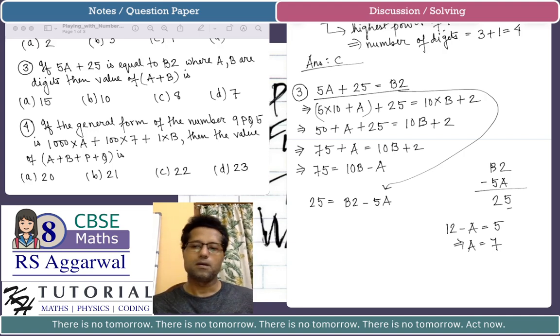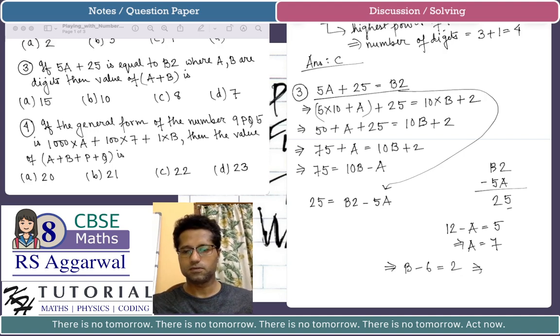Okay, and there will be a carry forward. Applying the basic concept of subtraction, the carried 1 will get added to 5, and we can say that B minus 6 has to be equal to 2.